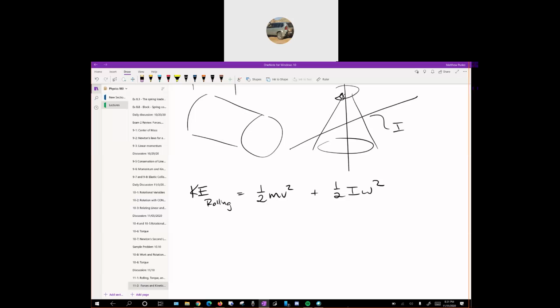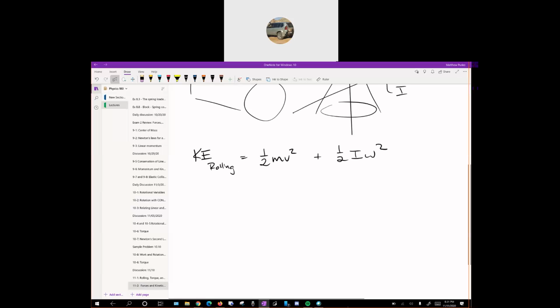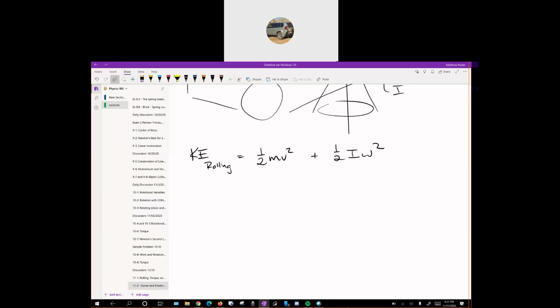Now, let's say we talked about we had a wheel. If it went through some angular displacement theta, we could figure out what this arc length was, or the distance it traveled.